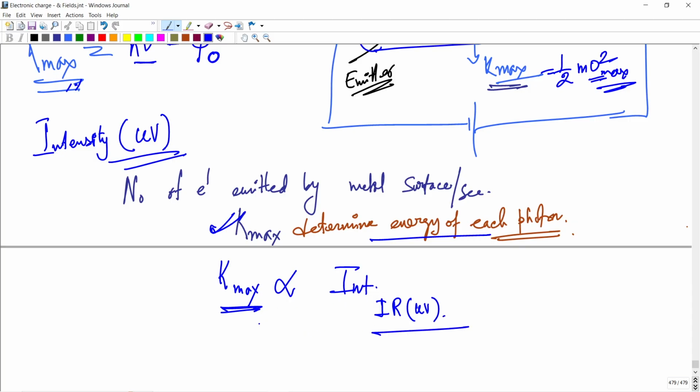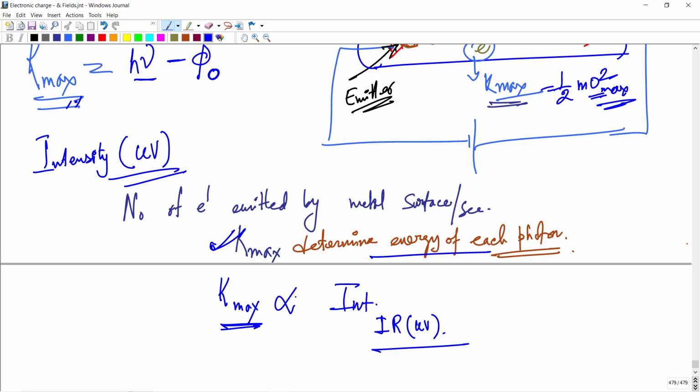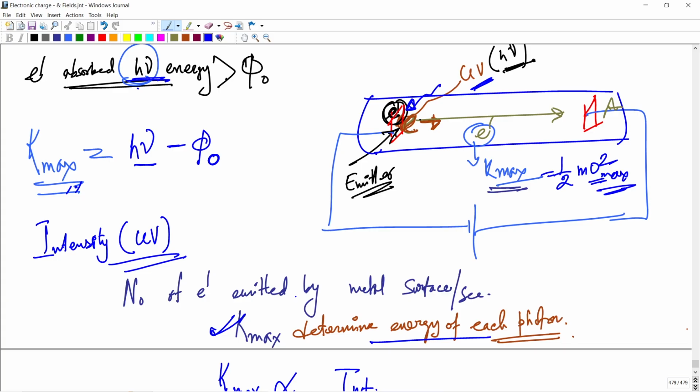So the photoelectric effect is possible through a single quantum of radiation by a single electron. If a single electron moves from the emitter to the acceptor plate, we get a photocurrent. So obviously a single electron gets some energy by absorbing the UV ray, and this single quantum of radiation by a single electron also gives a photocurrent.